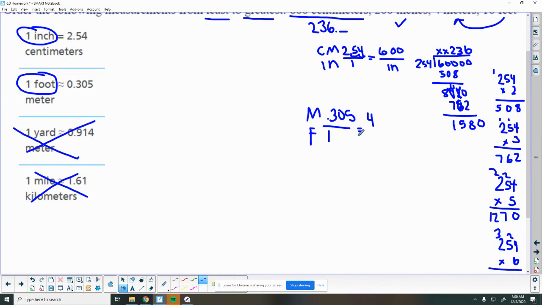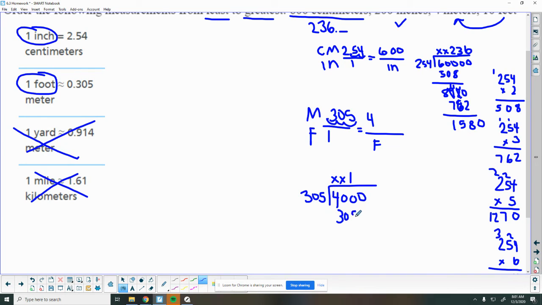So it looks like we are going to be taking 4 and dividing it by 0.305. So let's move it over, 1, 2, 3, adding on 3 zeros. So we're dividing by 305. It can't go in here or here. It goes in here 1 time, which is 305.